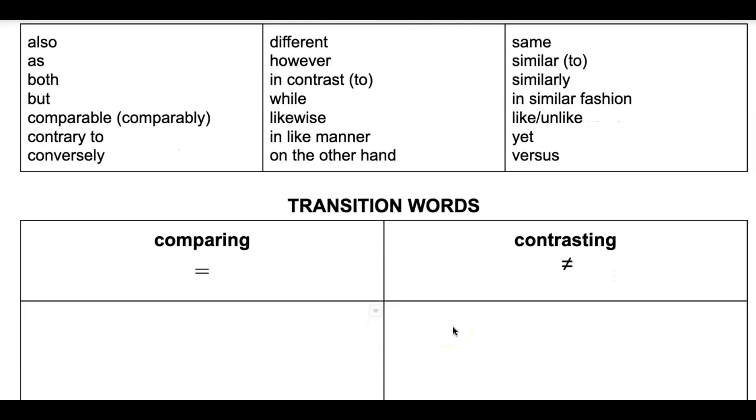All right. Now I'm going to do a few with you, and then you will do the rest on your own. Now I'm going to look at the word also, and I have to decide, is that when I'm explaining how two topics are the same or different? And you should be putting also here under comparing.